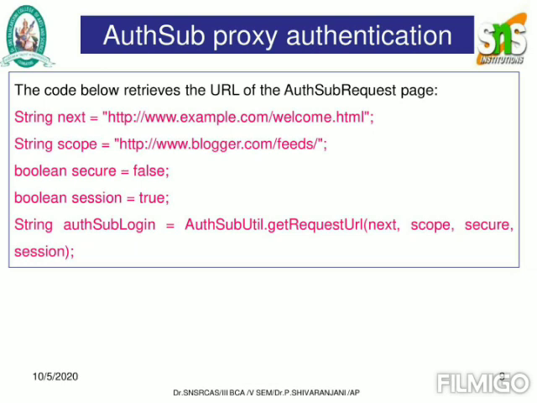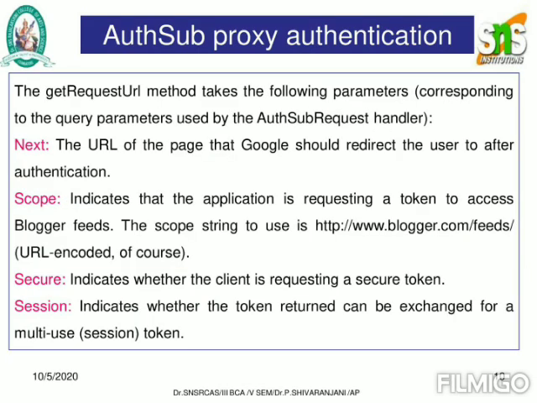The next thing is secure, and by default secure will be false. It means that it is public. Next, session is true because the session is activated. Then by using AuthSub login, you can log in to the particular URL. It will take these parameters, that is your next, scope, secure, and session, as parameters, and it loads your AuthSub login.